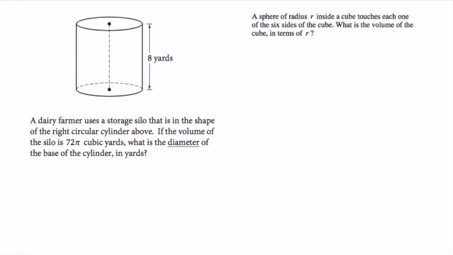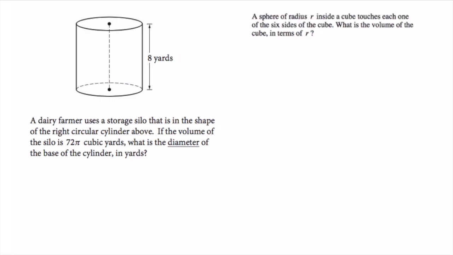Okay, so a dairy farmer uses a storage silo that is in the shape of a right circular cylinder. If the volume of the silo is 72 cubic yards, what is the diameter of the base? So we need the volume of a cylinder.